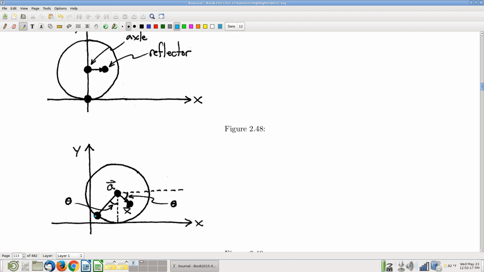All right, next observation I want to make. That angle tells me that distance. Look at this arc of the circle there, that much tire is the amount of tire that has been in contact with the road.